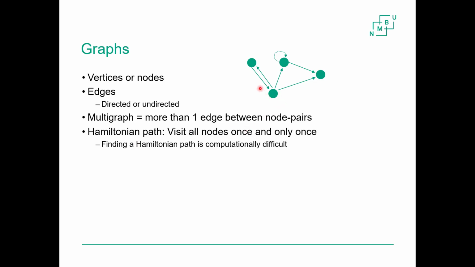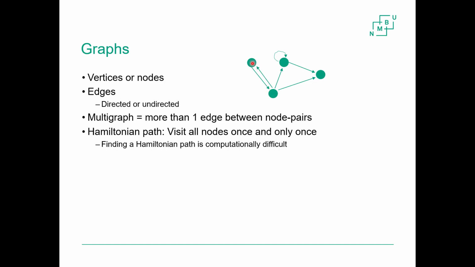And that means a path is just a way of sort of walking through the graph, right? Following the edges. And in this case, if you have directed edges, as we say, it means you can only go from this node along the arrow up here, but you cannot go back again, right? Here you can go both ways because there is one arrow. And some graphs are directed and some are undirected, right? But we will talk about directed graphs.